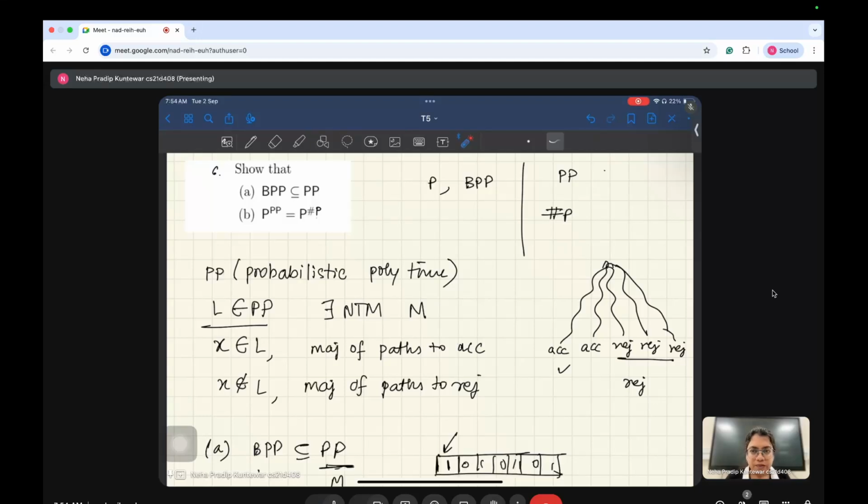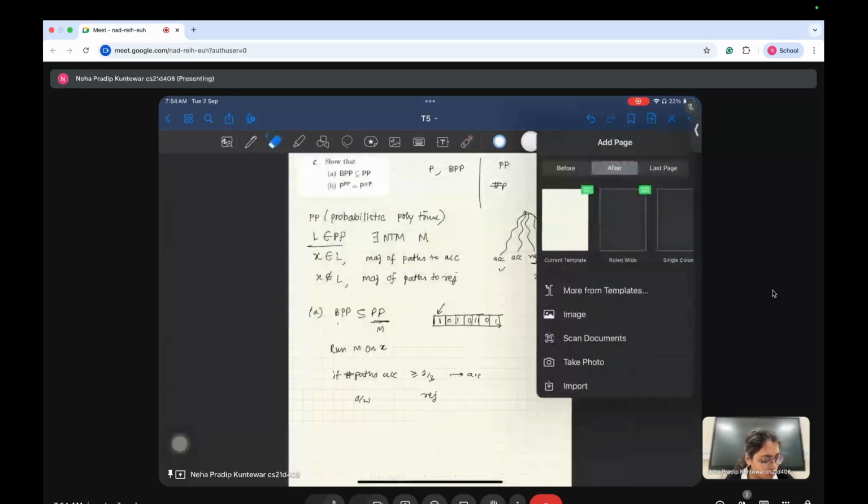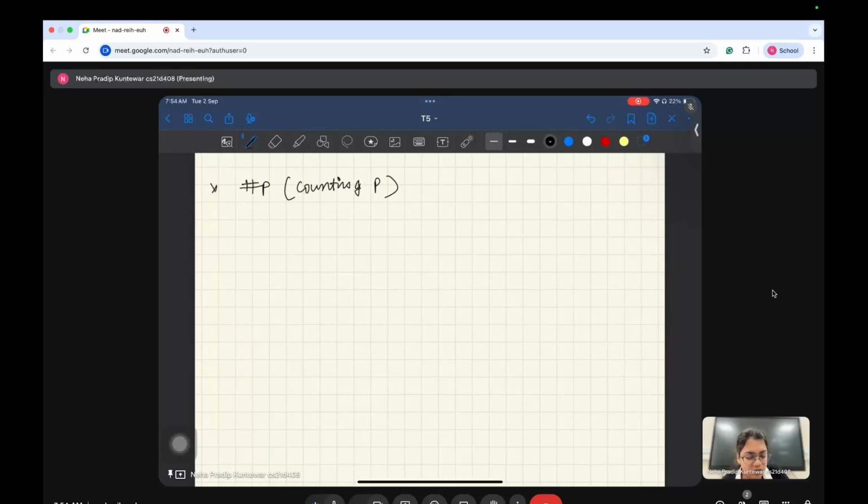For the next part, to show that P to the PP is equal to P to the sharp P, I need to define what sharp P is. Sharp P is called counting P, or sharp P simply. And what does it do? You say that a language is in sharp P if there is a non-deterministic Turing machine M which tells you the total number of accepting paths at the end.